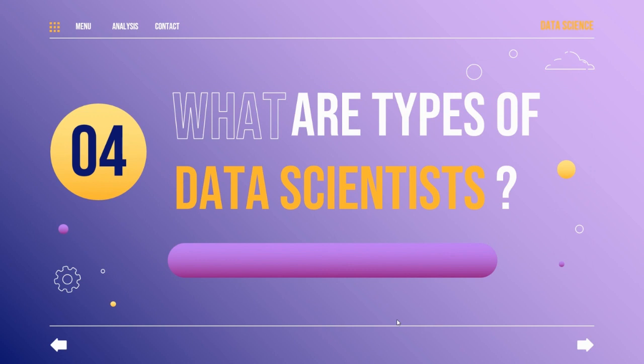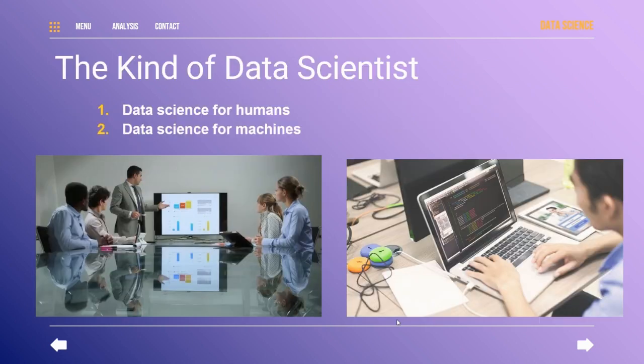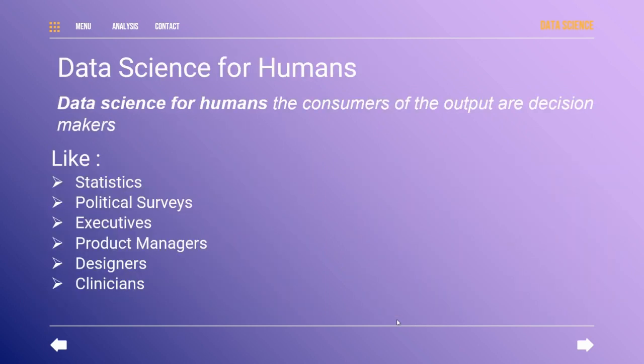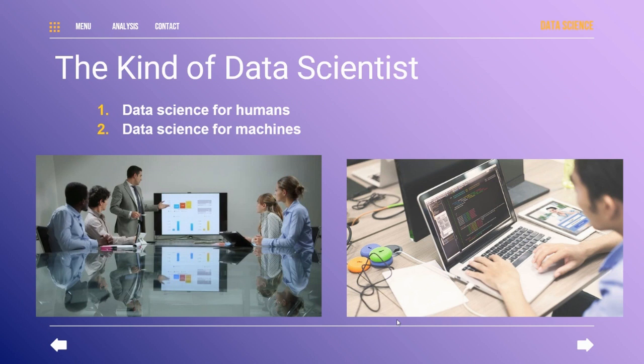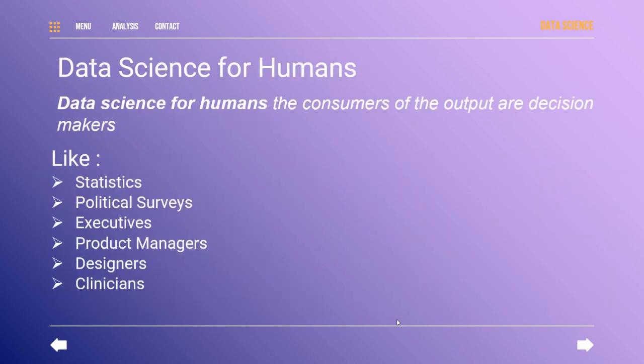Now, what are the types of data scientists? We will learn this topic more accurately. So, let's go to the types of data scientists. Data scientists are divided into two types: data science for humans and data science for machines. Data science for humans works on statistical methods like pie charts, bar graphs, etc. Whereas data science for humans works on consumers' output decisions.